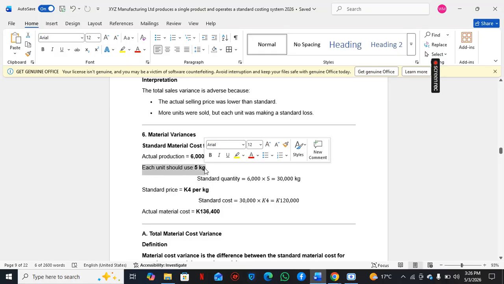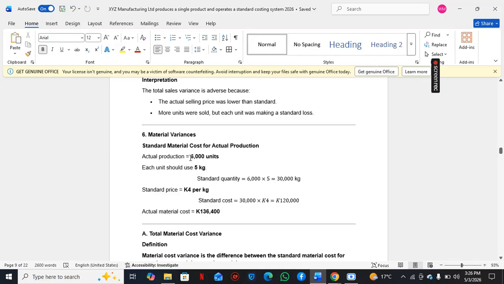So for these 6,000 units, we're supposed to use a total of 6,000 times 5, 30,000 kg of direct materials.